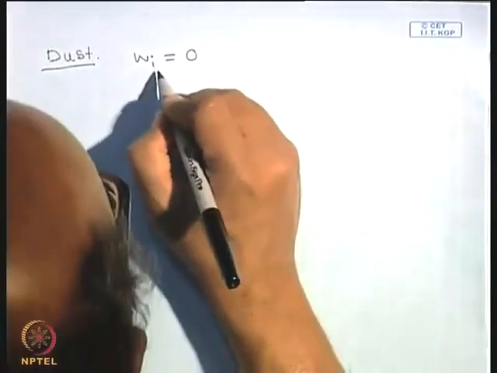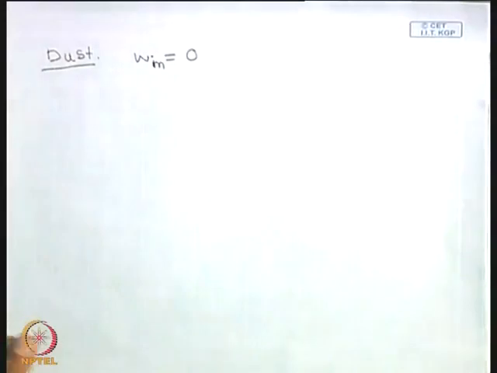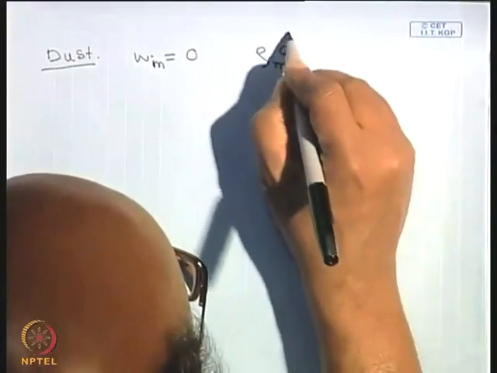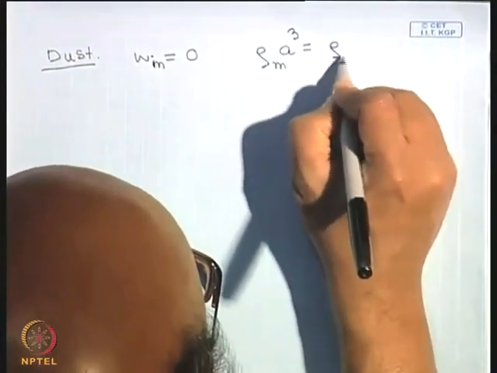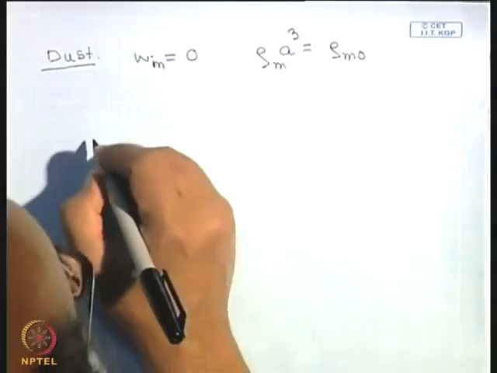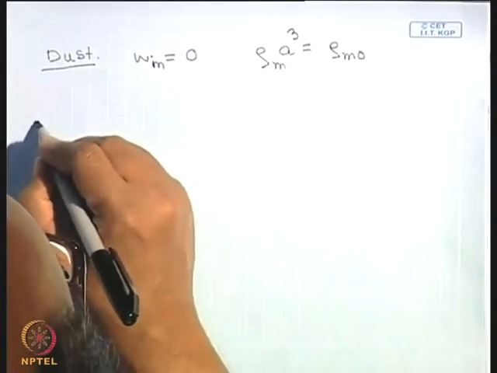So this is ordinary matter basically, no pressure. So for this, it scales as A cube, then we had the relativistic particles.